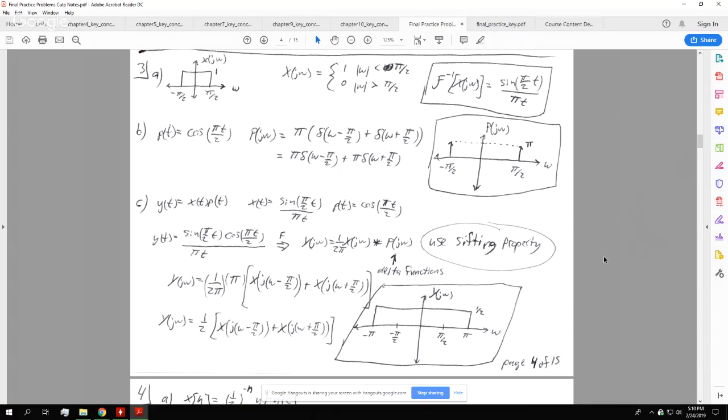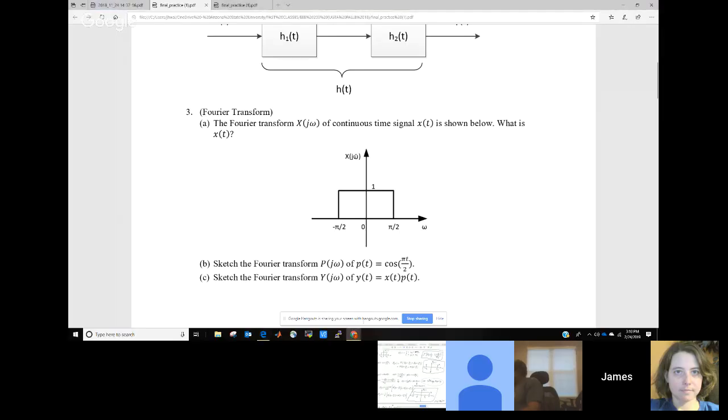And why did the magnitude change to 1/2? I guess I'm not completely following that. So 3C. Yeah, so if you look in B, the P function is pi over 2.